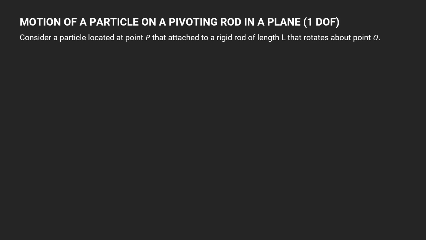So again, we're going to describe the motion of a particle located at point P in this 2D plane. However, unlike in the prior examples, P is not allowed to move around freely.